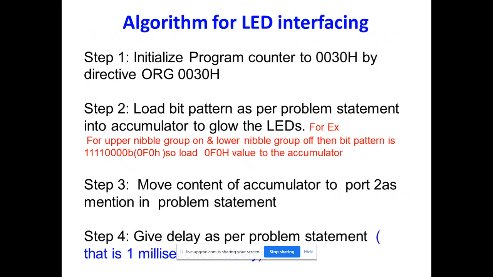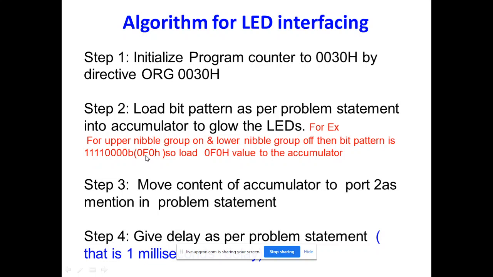Now I'm updating the algorithm here. First step is to start the program counter from the scratch pad. Next, place the proper bit pattern into the accumulator. According to that bit pattern, upper nibble on and lower nibble off means your number is F0.